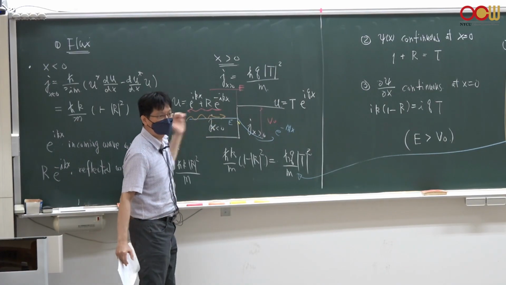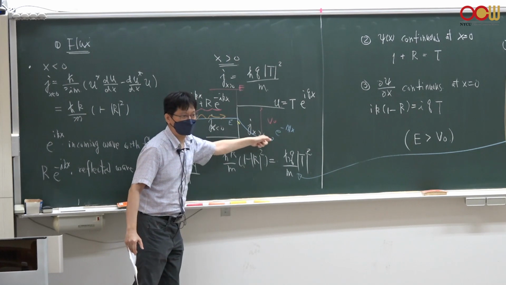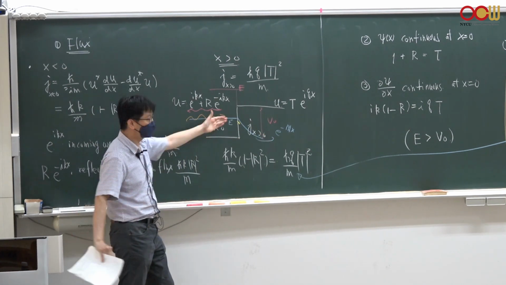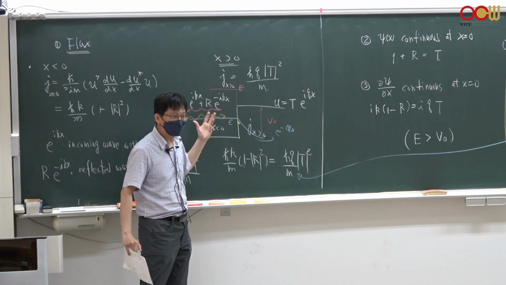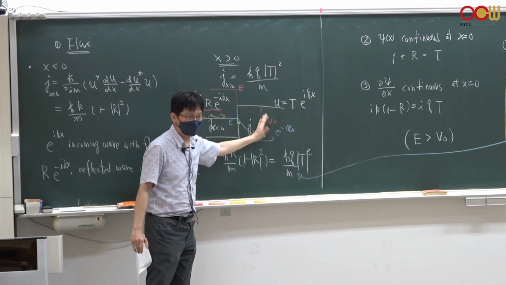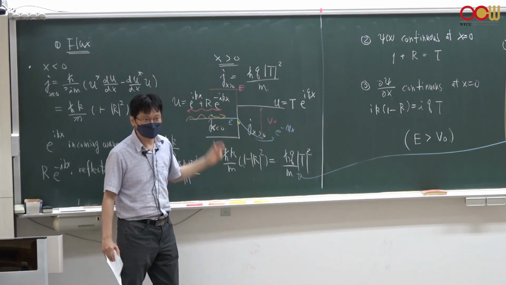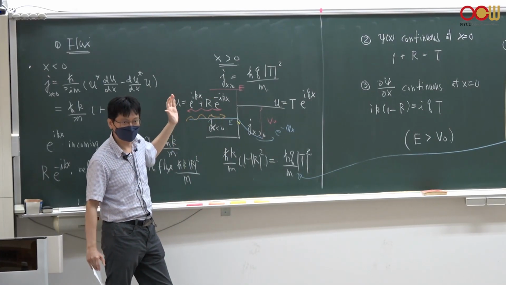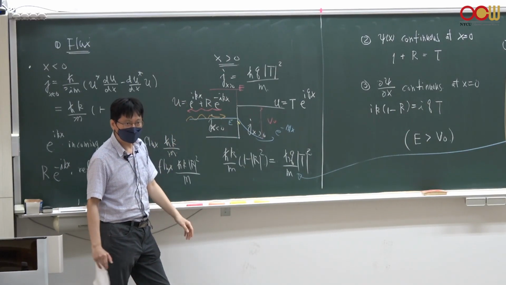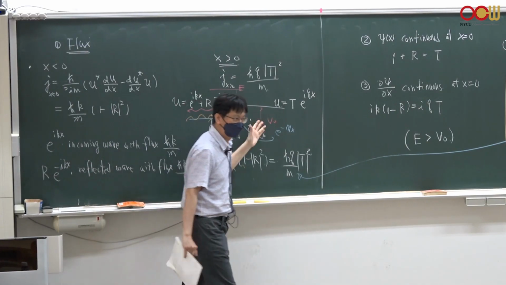Because you get a total reflection, but something is still inside on the other side. If you get a total reflection, naively you will think that nothing will be inside the potential step because you get everything already on the left side of the step, so how can you get something still trapped inside?